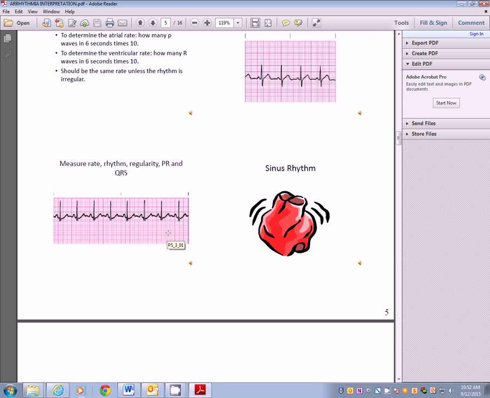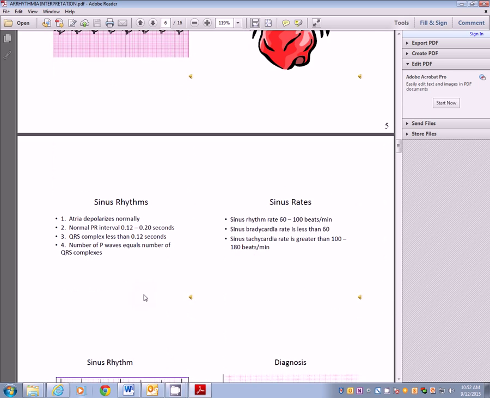Let's talk about sinus rhythm. Sinus rhythm is when atrial depolarization is normally occurring, and the normal PR interval is 0.12 to 0.20 seconds. The QRS complex is less than 0.12 seconds, so about 3 boxes, no more.